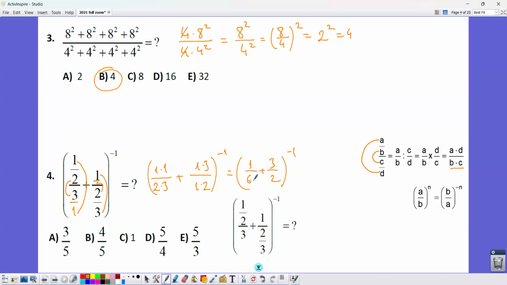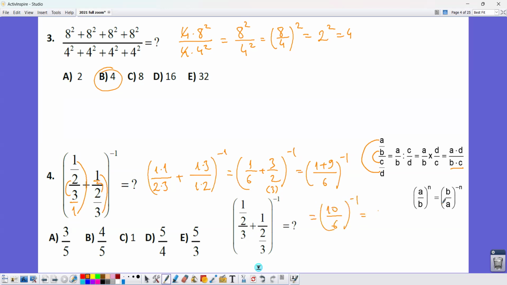In the parentheses, we have the addition of 2 fractions, so we need to make the denominators the same first. Here I have 6, here I have 2, so I will multiply by 3 to make it 6. Then it will become 1 plus, directly I'm adding numerators, 3 times 3, 9, over 6 to the power of minus 1. So this one is 10 over 6 to the power of minus 1.